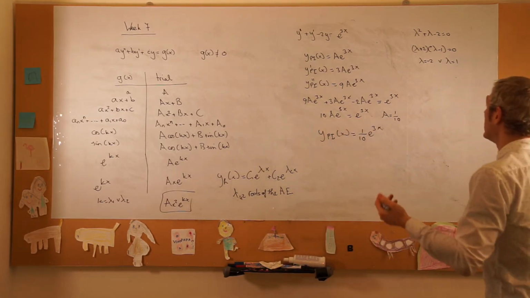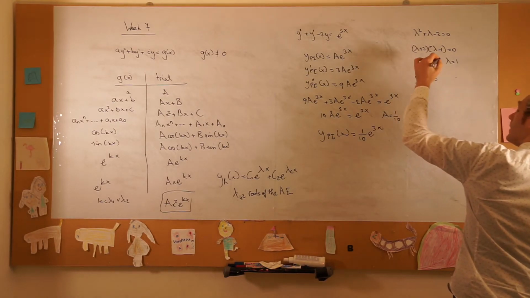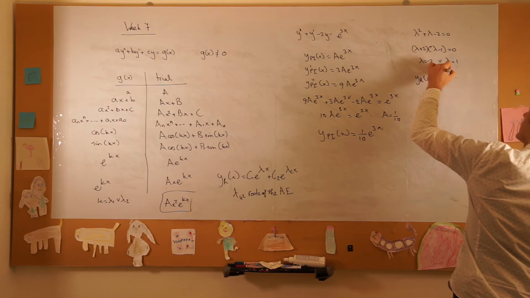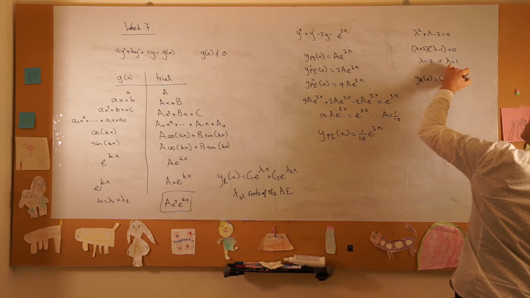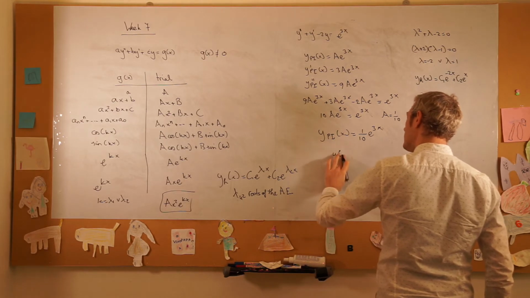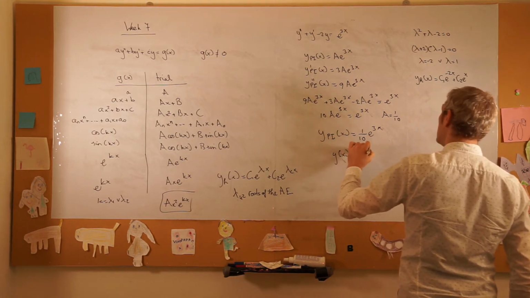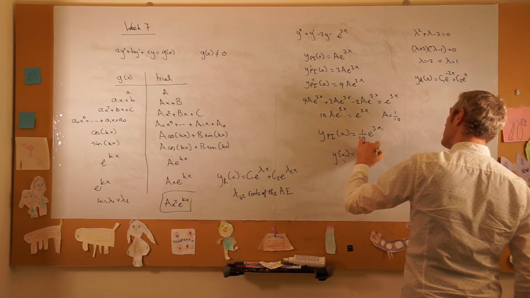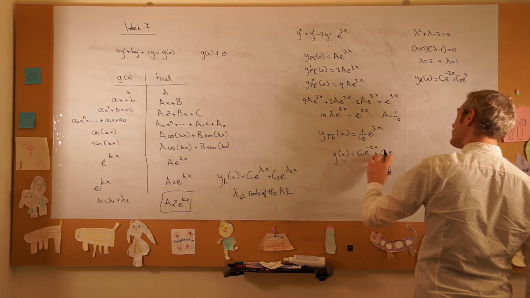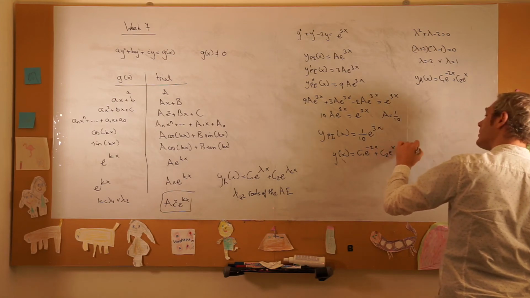If I know my homogeneous solution, which I can write out from here, that is equal to c1 e to the power of minus 2x plus c2 e to the power of x. My complete general solution, y of x, is then equal to c1 e to the power of minus 2x plus c2 e to the power of x plus that 1/10 e to the power of 3x.